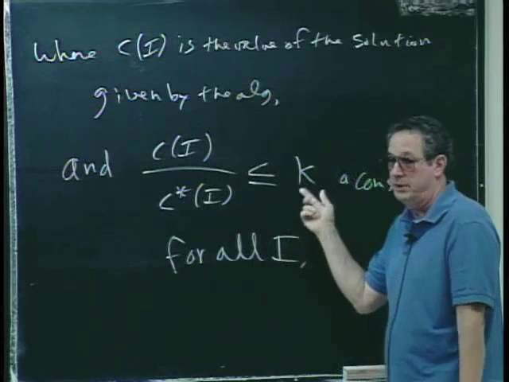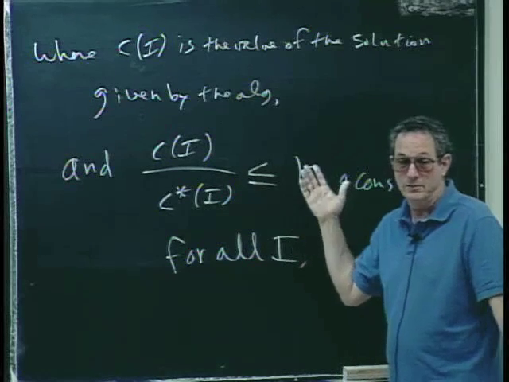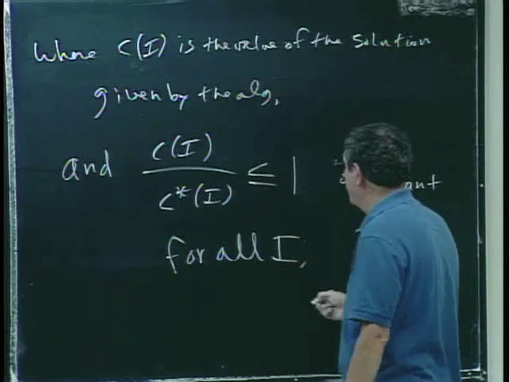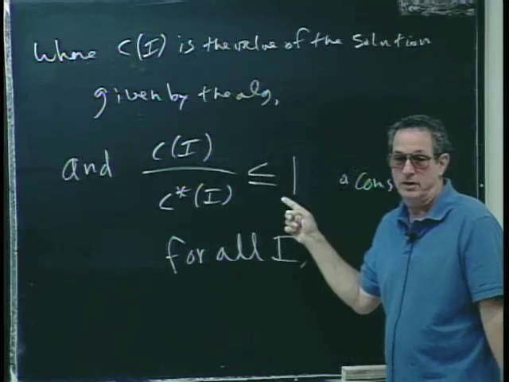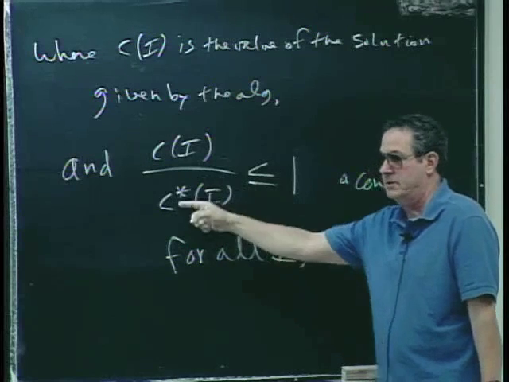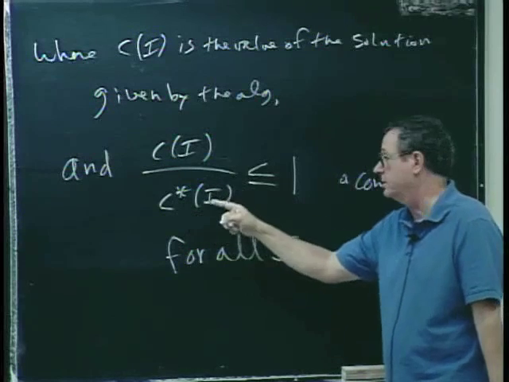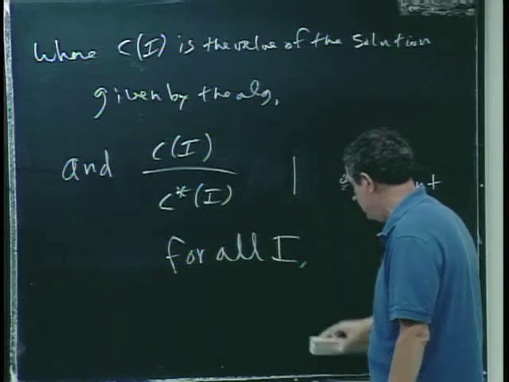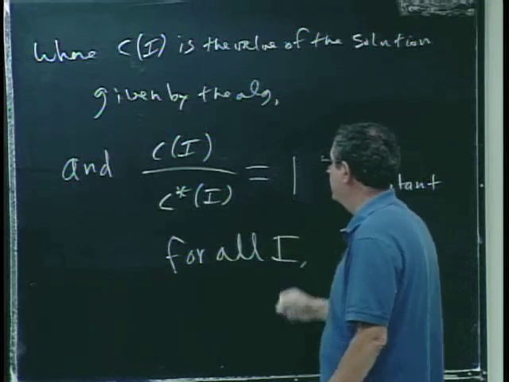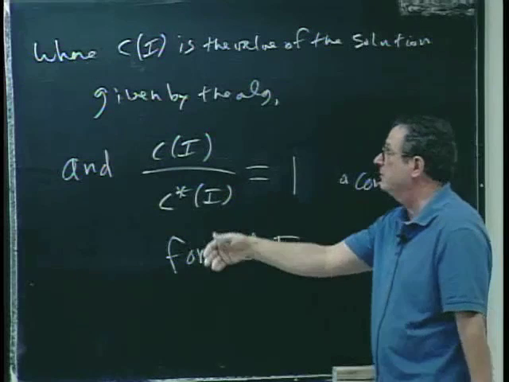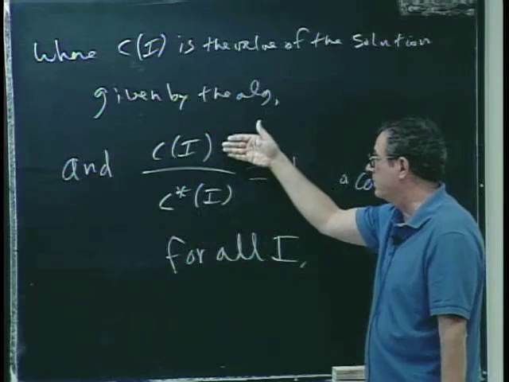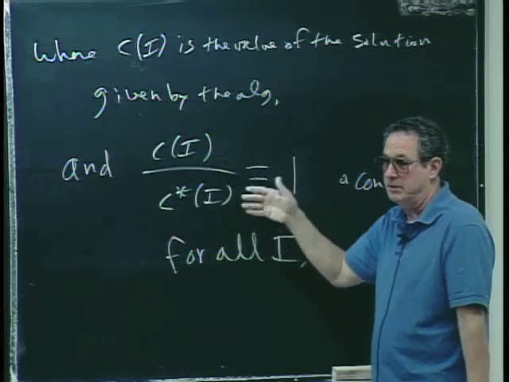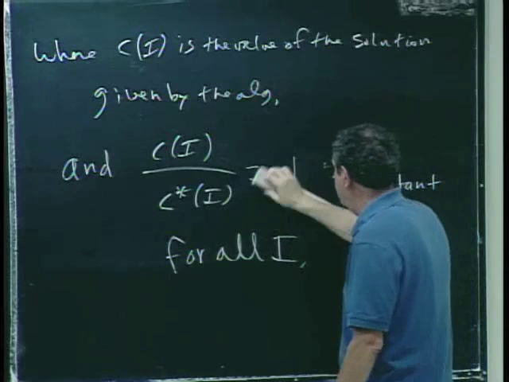What would you want K to be here? 1, right. If this was 1, you couldn't ever be less than 1, because C star of I already represents the best that's possible, the smallest that's possible. So you would like to have an algorithm which is equal to 1, which just means there's a polynomial time algorithm that always puts out a solution that's optimal. But we're in this context where we don't think that's possible.